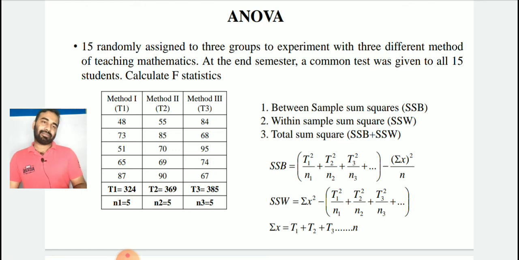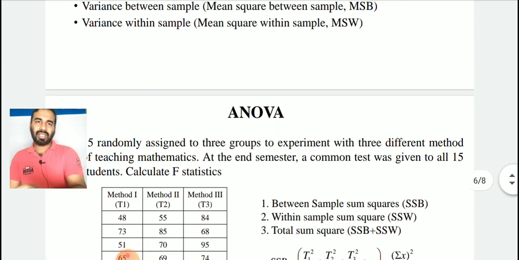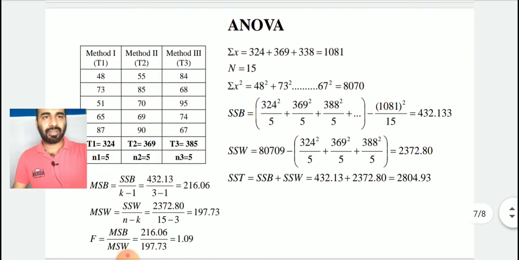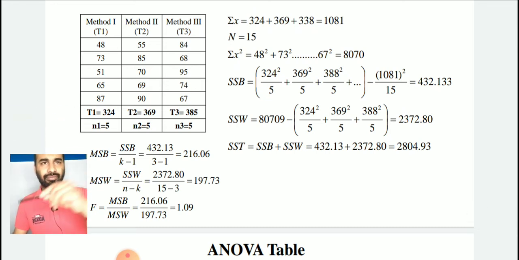So it will be 324 plus 369 plus 388, which is 1081. What is total N? 15.